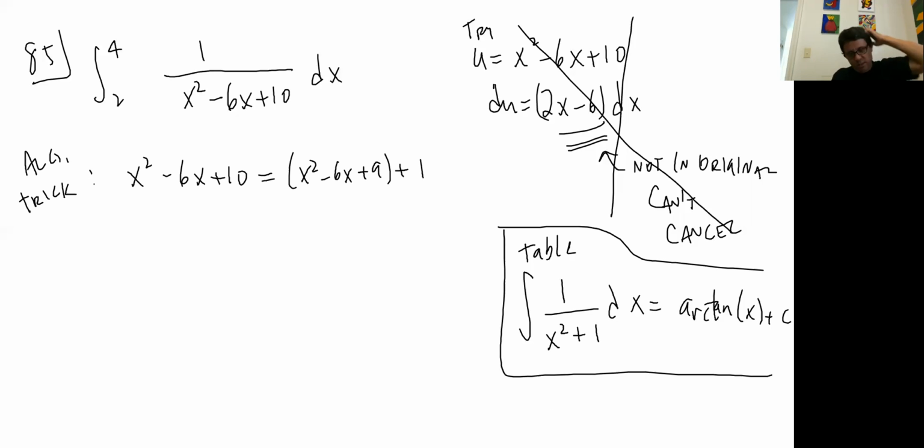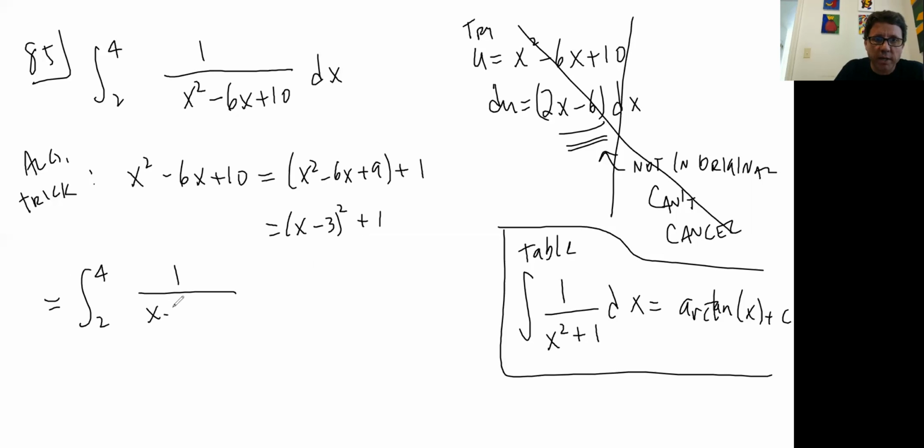You're like, what? Why would you do that? Well, I want to do that because the plus 1 matches up with that plus 1. And this right here is called completing the square, if you remember that from back in the algebra days. So this becomes the integral of 1 over (x minus 3) squared plus 1 dx.